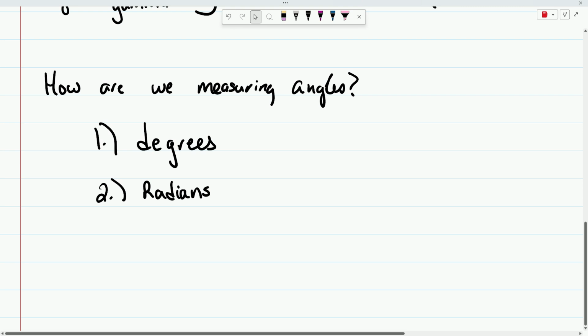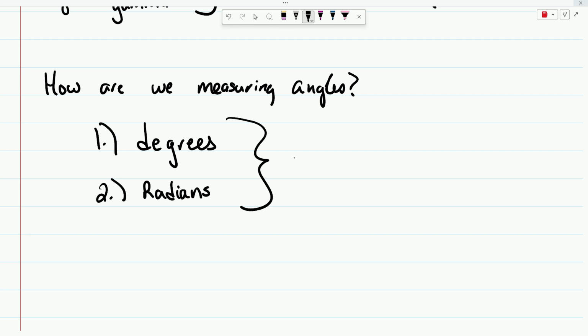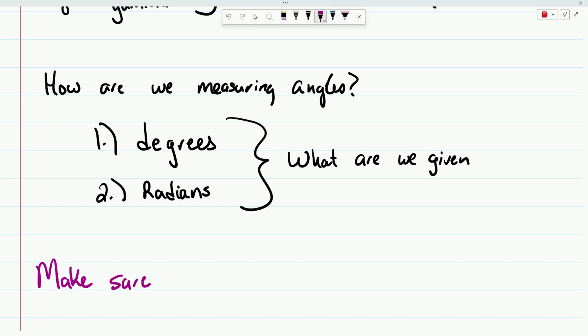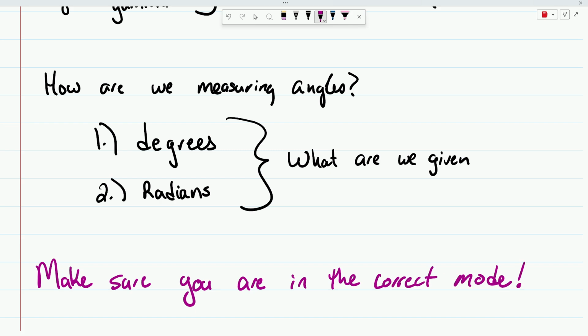So the thing you got to remember is you got to look at what you were given. Because even though you may be doing the math correctly, when you go to substitute this into your calculator, you may get it incorrect because you are not in the correct mode. So that's going to be a big thing here. So make sure you're in the correct mode for your calculator.